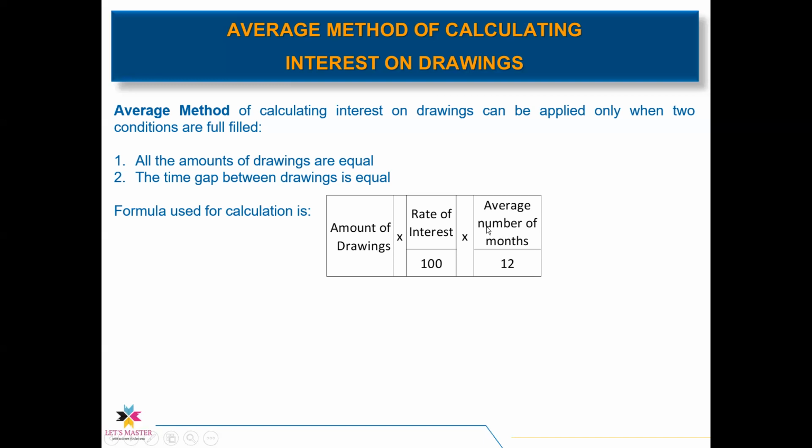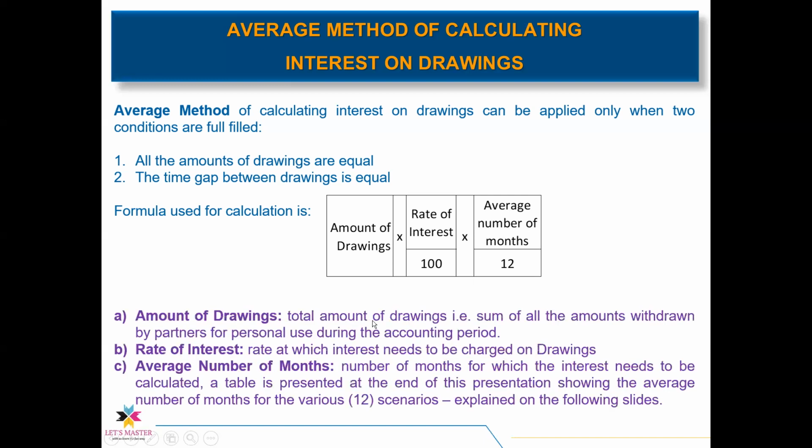And what is this average number of months, that we will understand in the following slides. And we have also provided a table on subsequent slides because there are 12 different scenarios where you can use this average method, and for each scenario the average number of months that you would use is presented in that table.